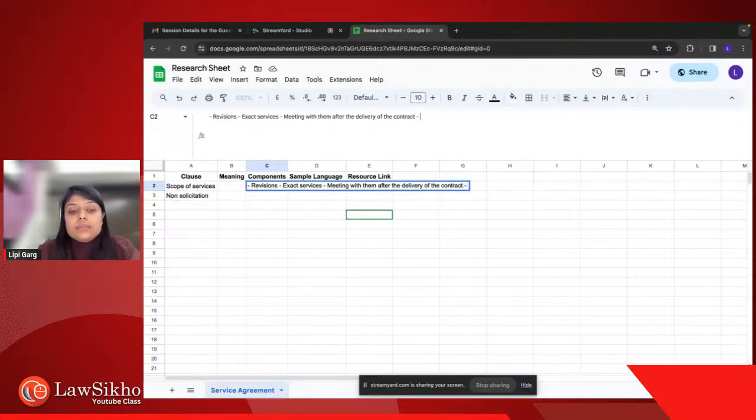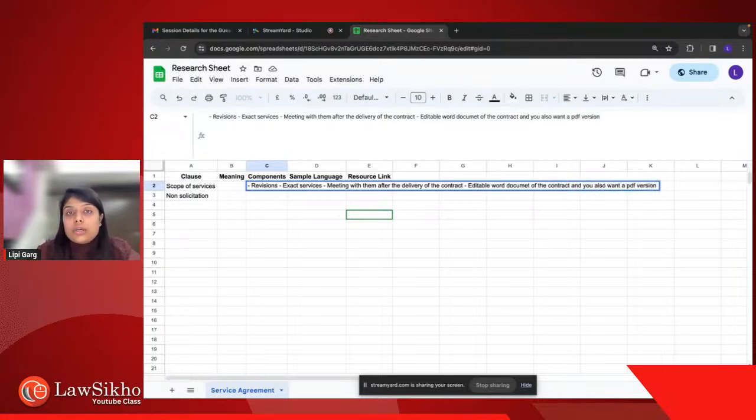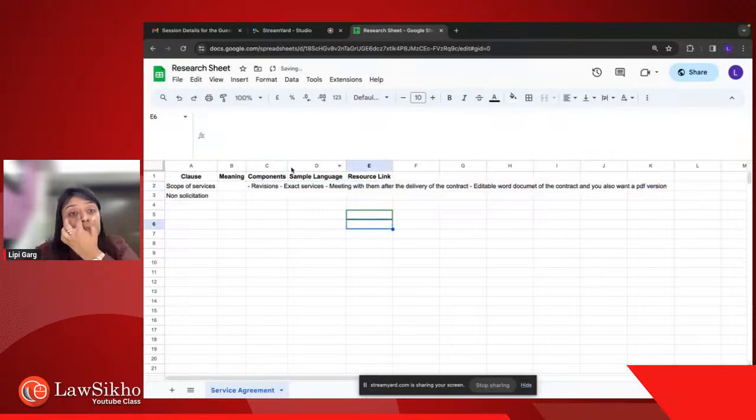Then let's say you also want an editable Word document of the contract, and you also want a PDF version. Both you want, right? So these things will come.